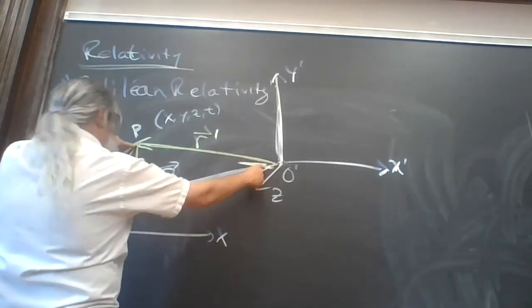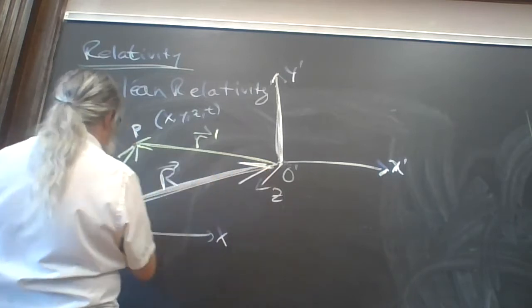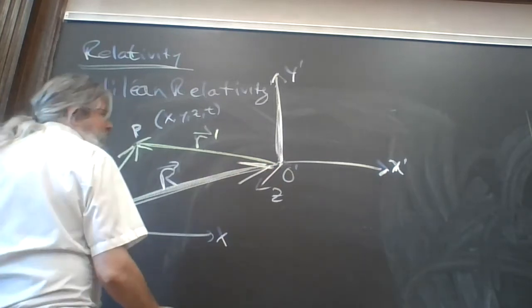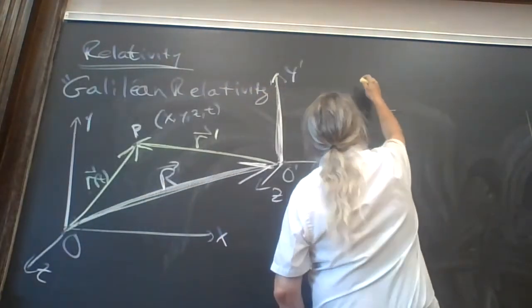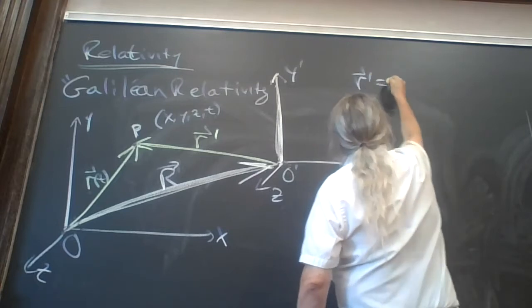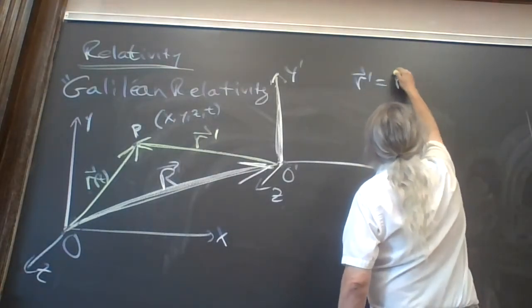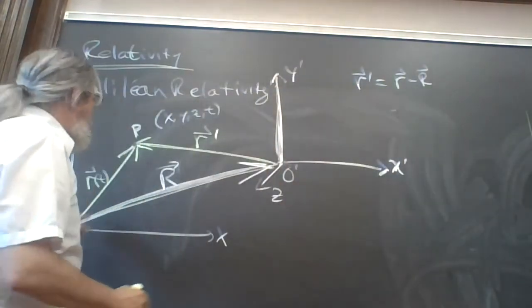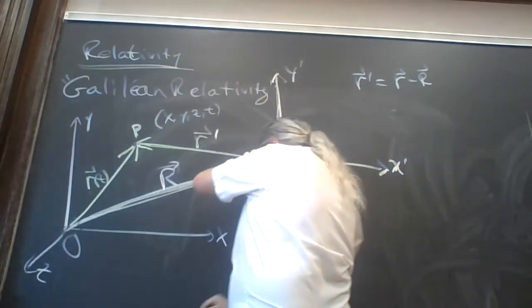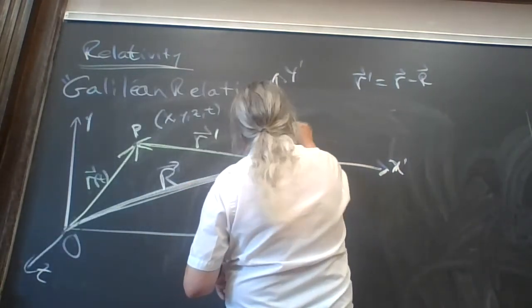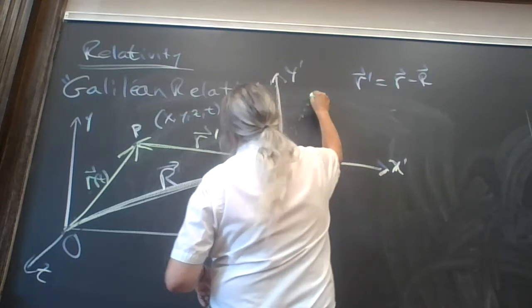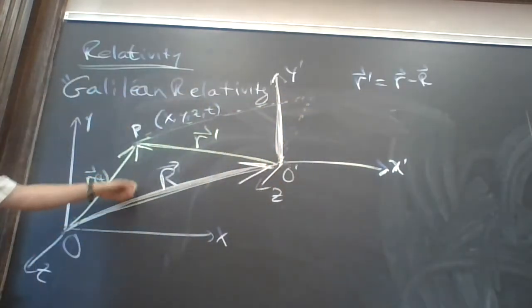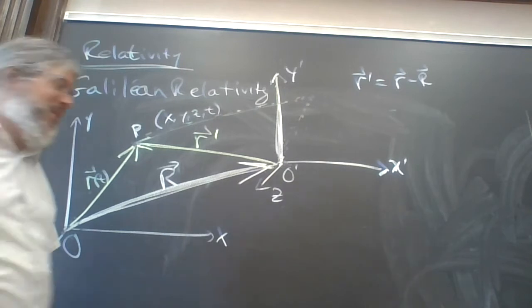In other words, r prime is equal to the vector r minus O. The way to think of it is, that's r of t, and then I make a parallelogram like this. That's subtraction of O. I'm going in the negative direction of O.